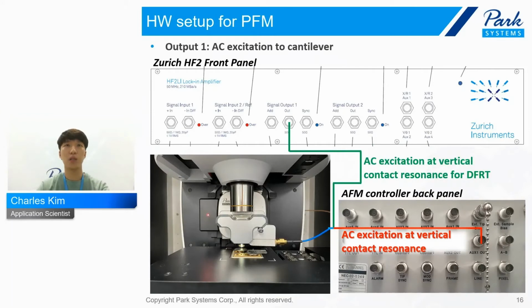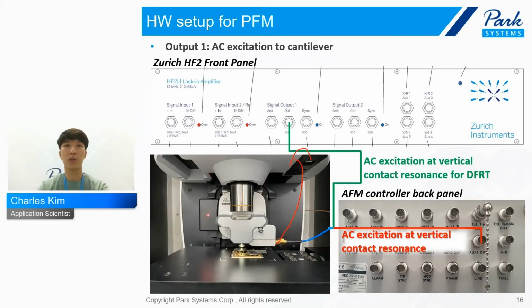And the second one is the output signal from the lock-in amplifier. The lock-in amplifier must generate the AC signal to make electrical oscillation on the sample surface. In the case of the DFRT, we need to connect the cantilever to the lock-in amplifier, or via the 3D instrument.